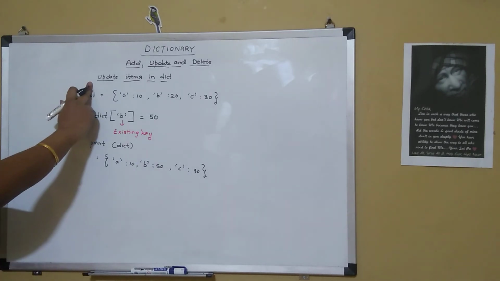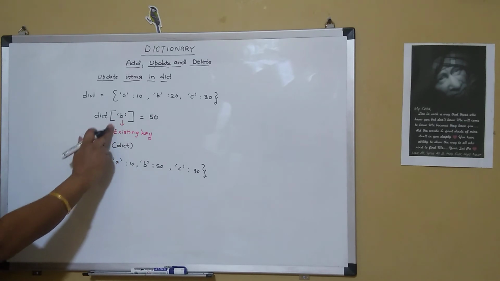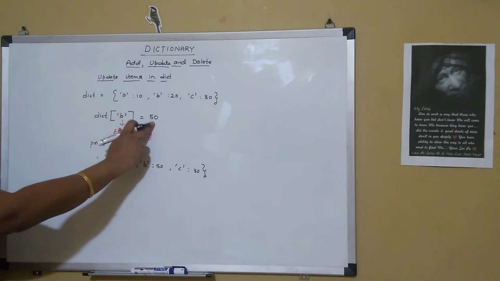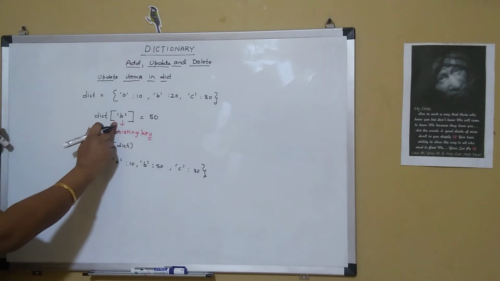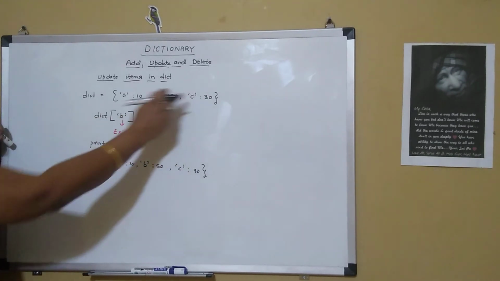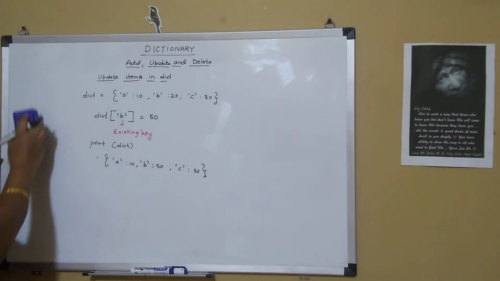While updating items in a dictionary, we have to go for the existing key. If we specify a new key, then the value will be added into the dictionary. Hope, friends, it's clear how to add elements and how to update the existing value in the dictionary.